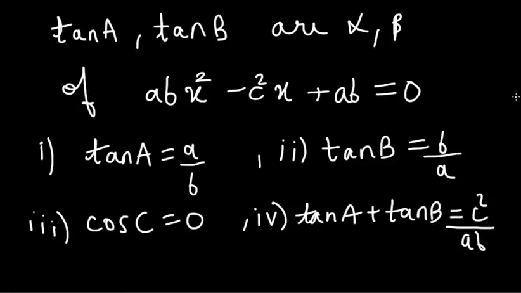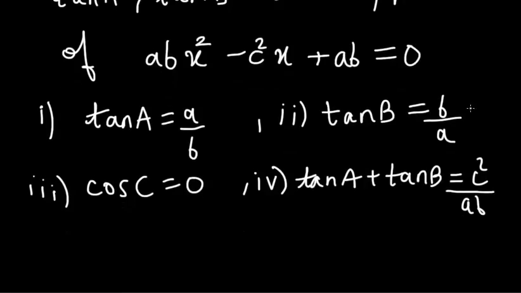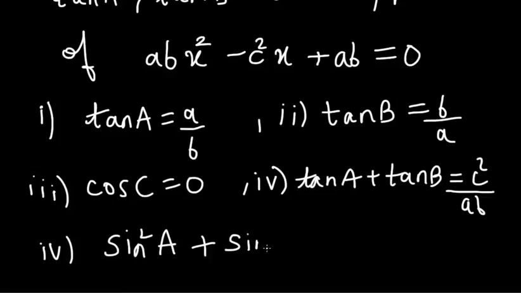And then finally, the last part, probably the most interesting, is we need to show that sine square A plus sine square B plus sine square C is equal to 2.